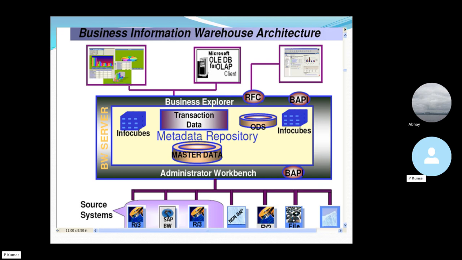In the BW server we have ODS. Previously we called it ODS, but now we say ADSOs or DSOs. We don't have InfoCubes in BW 4 HANA, but if you sometimes work on 7.0, it will have InfoCubes, and even ADSO and DSO. And master data. Depending on your requirement, you can extract and pull this data into your BW server.